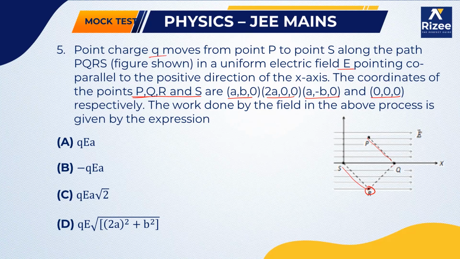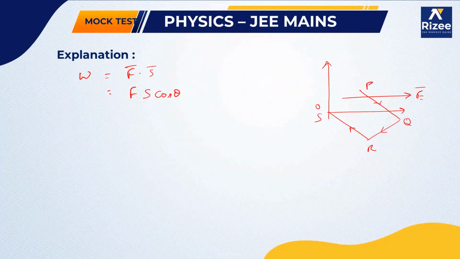Charge Q is moving. So how can you write the force equation? F can be written as EQ. If the displacement and force are perpendicular to each other, then in that particular situation the work done will be 0. So what will be the direction of the force on the charge? The force will be acting in the direction of the electric field.